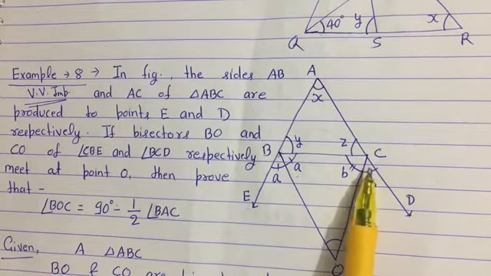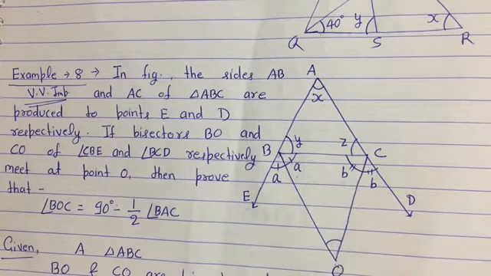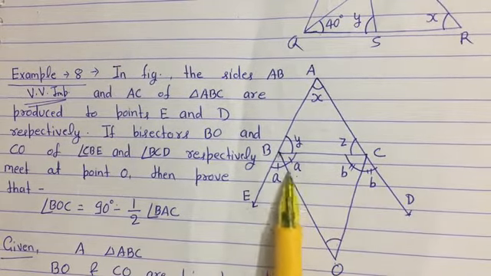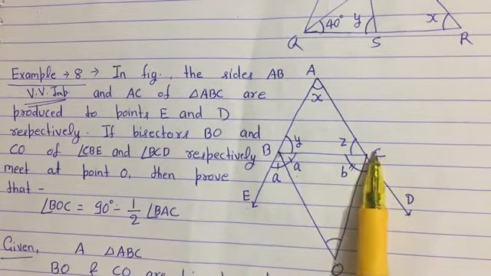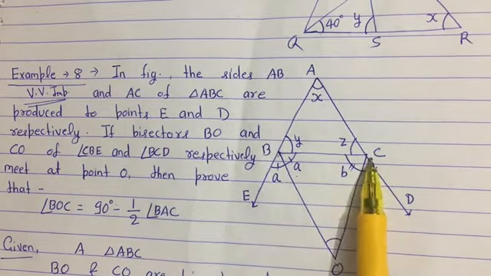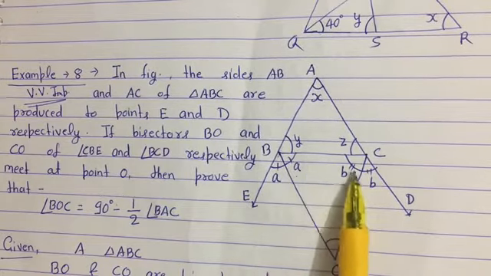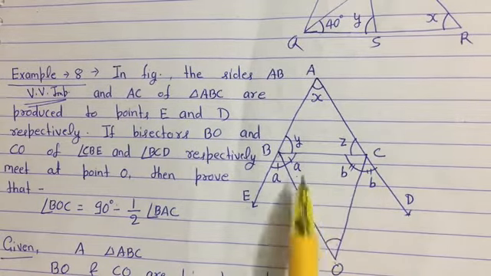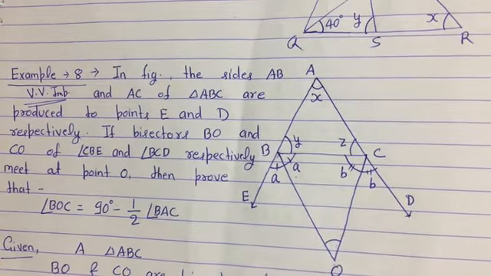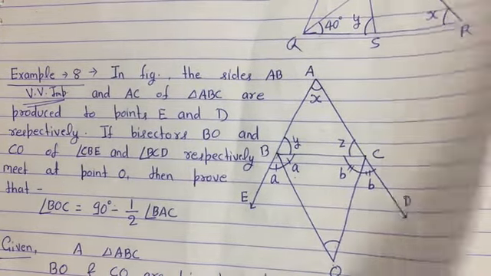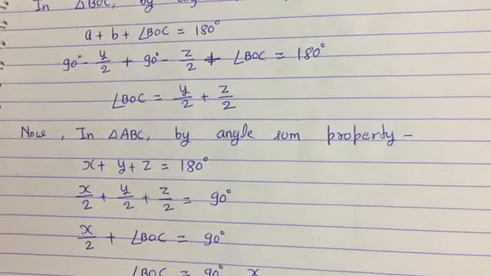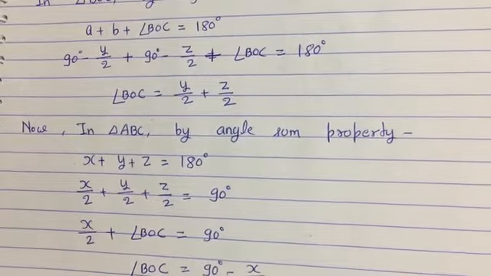Okay, and that will prove our result. So first of all, apply the angle sum property in triangle BOC. Angle BOC plus a plus b, the sum of all these three angles is equal to 180. This is the value of a, and we also calculated the value of b. We have to put all these values in our given equation.